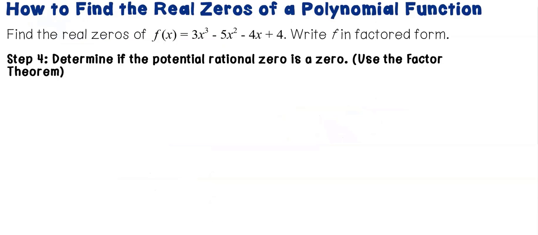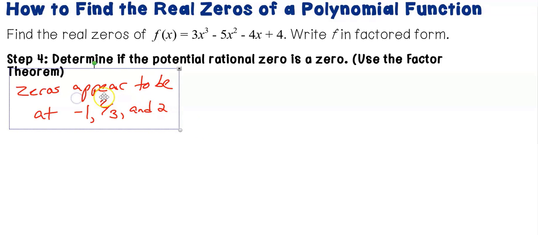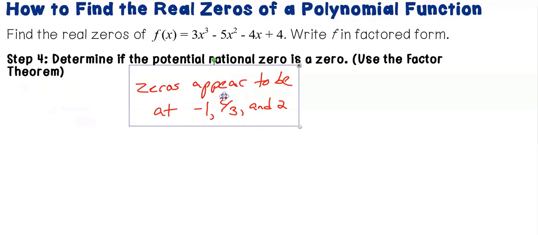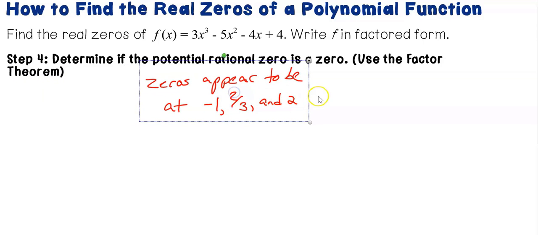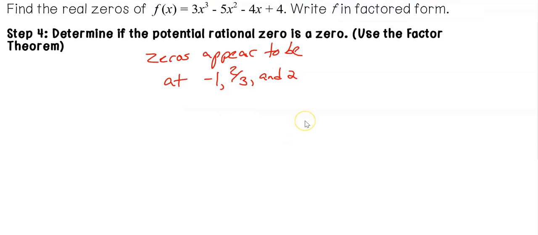So our next step is we want to determine if the potential rational zero is really a zero. We're going to use the factor theorem. So I'm going to go ahead and paste what we thought appeared to be zeros based on our graph. And then we are going to use the synthetic division to check.